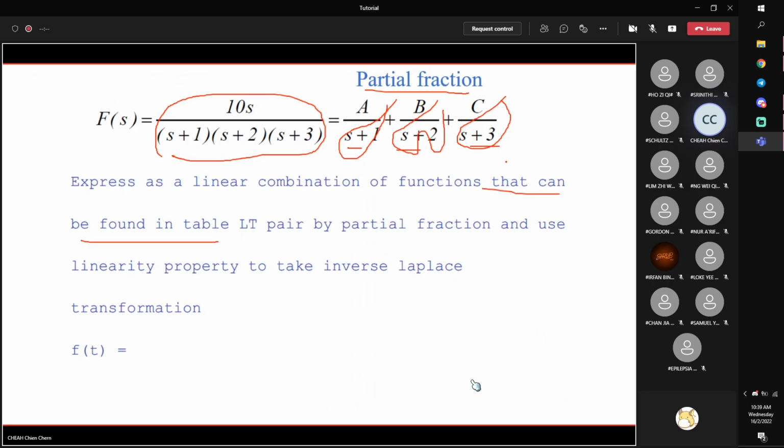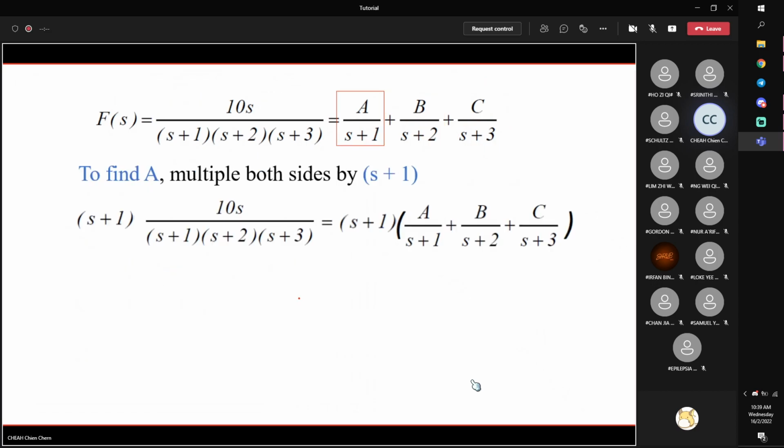And of course, you need to know how to take partial fractions. Partial fractions expresses the original function as a linear combination of 3 first order fractions that can be found in the table. Then you can take the inverse Laplace transformation by using the linearity property and the table, right?